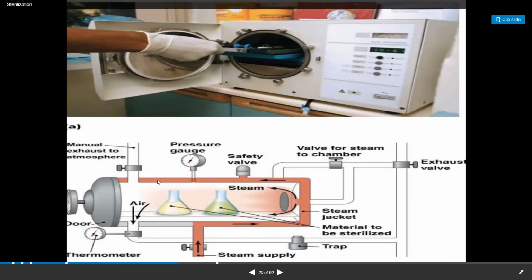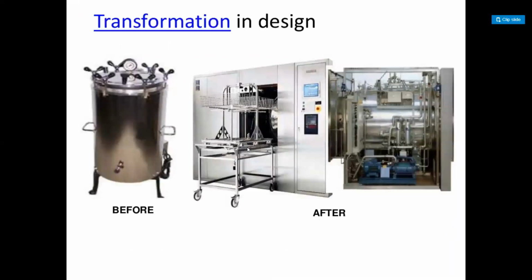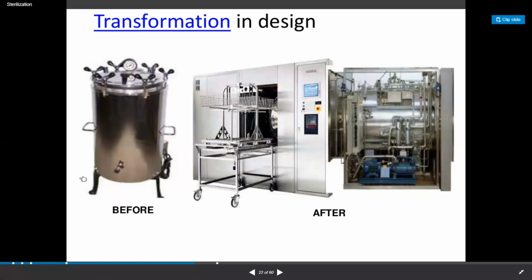Nowadays more advanced processes are there. See here, the media are placed and steam is passed through it, and the pressure and temperature are maintained in the autoclave. See the transformation of design: before, the autoclave looked like this one, but nowadays advanced types of autoclaves are also observed.